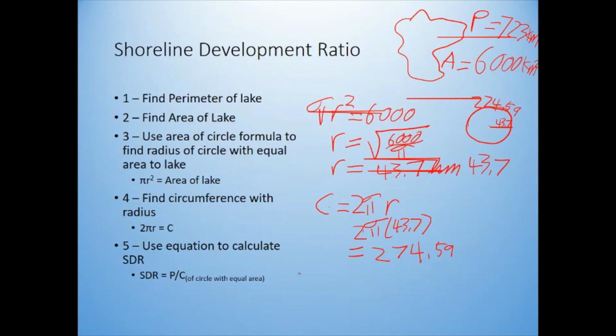Now we can figure the shoreline development ratio: 723 divided by 274.59 equals 2.54. Sorry about this terrible writing, but I highly suggest you go through these calculations again and see if you can get this 2.54 number.